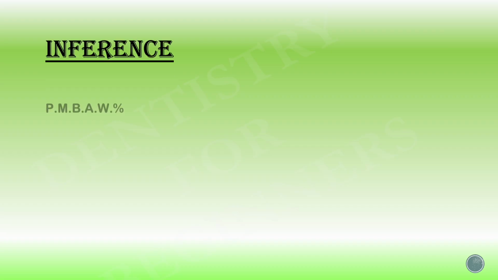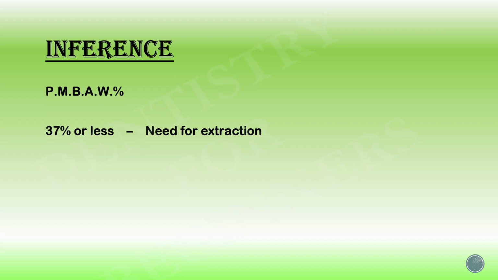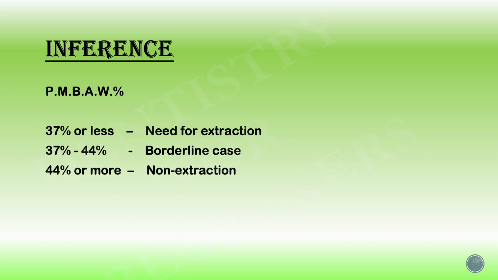If the premolar basal arch width is 37% or less, then there is no need to extract. But if it's 37 to 44%, then this is a borderline case. And when it is 44% or more, this is a definitely non-extraction case.